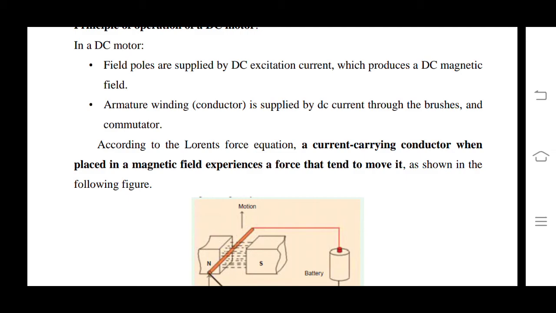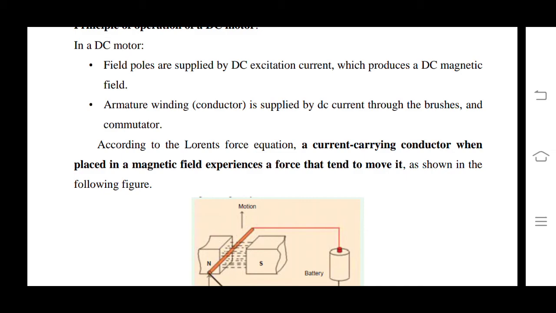Whenever a DC supply is given to the field winding, a magnetic field is produced in the machine. Whenever a current supply is given to the armature winding, the armature conductors carry the current. These armature conductors are in a magnetic field, so they experience a force. The force F equal to BIL sin theta.